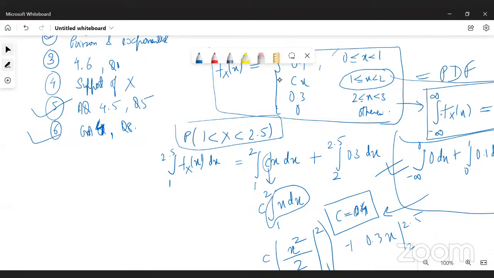So basically, you will have to do the sum of the parts of the integral. It's given from 0 to 1, so split it into 0 to 1, 1 to 2, and 2 and above. So I will suggest you go back to the session once and see it. It's the same thing.